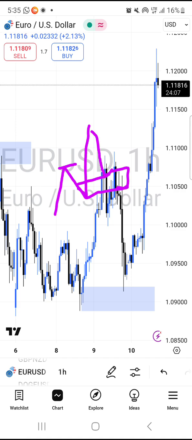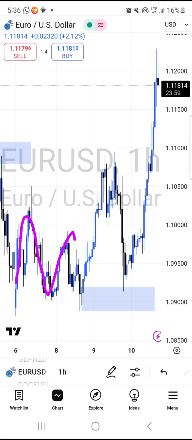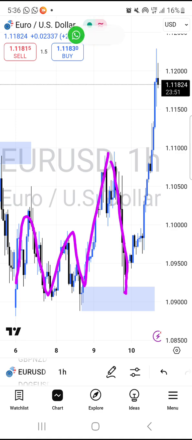Market comes back, taps into that zone and continues the movement. That is what happened. Market was going down, and then it went up. It came down to the candle that caused that break to the upside, tapped into it and moved up.